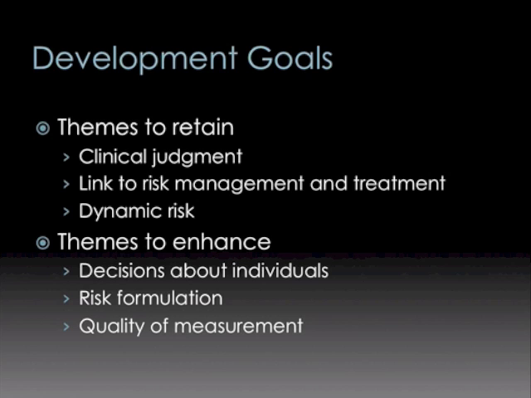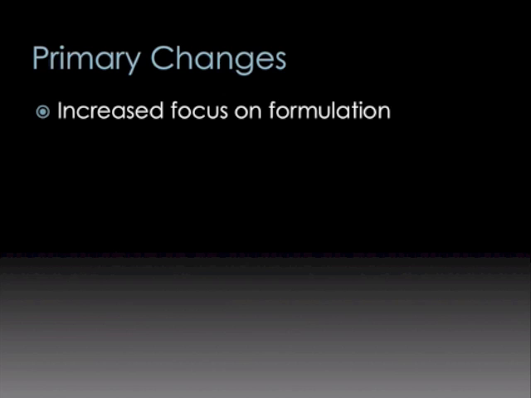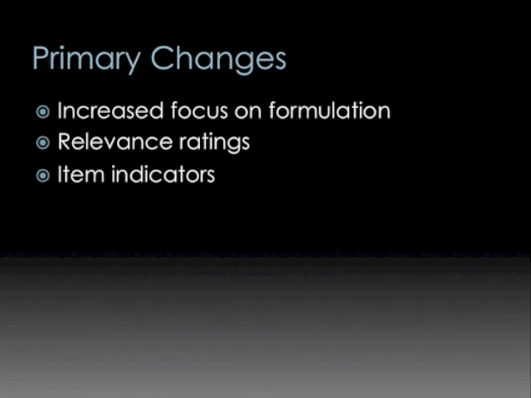So we have increased formulation. These are the primary changes. I'll just give you a thumbnail sketch of some of them, some of which Steve talked about. An increased focus on formulation, the inclusion of relevance ratings. We also have brought in item indicators, and I'll give you an example of that. This is one way we're trying to encourage people to think about how risk factors might manifest at the individual level for a given patient, client, or offender.